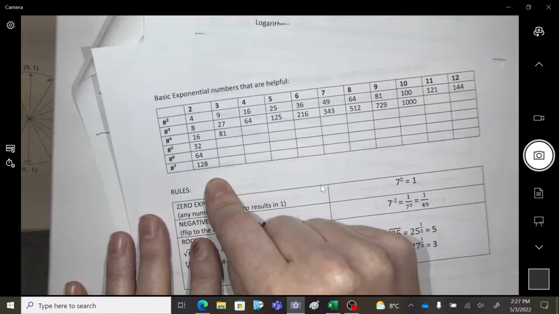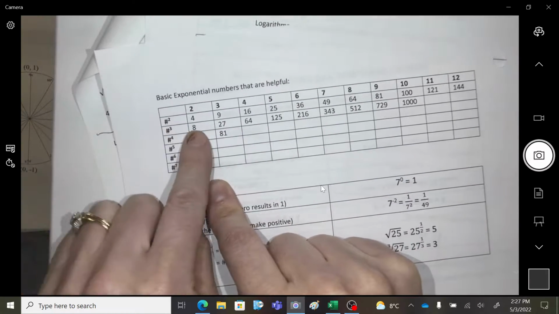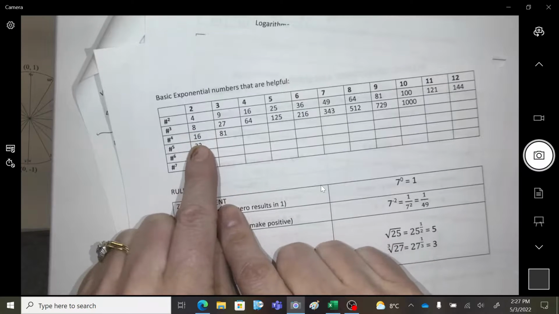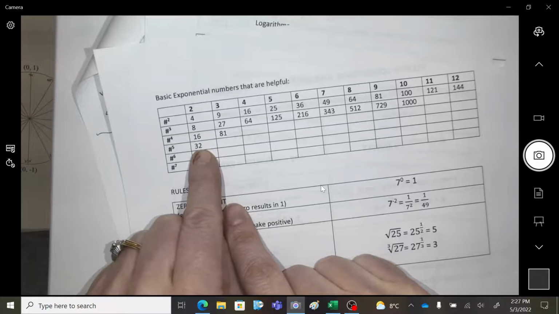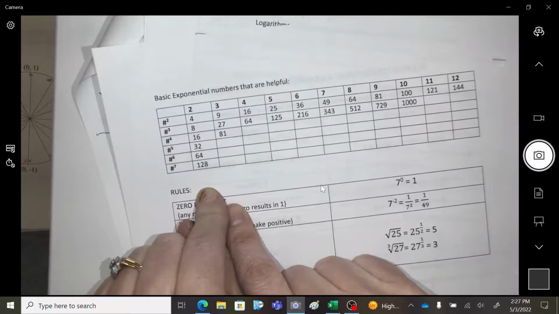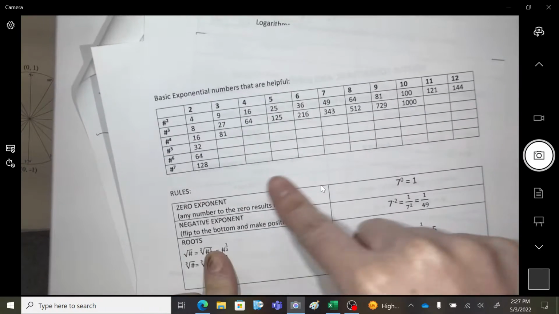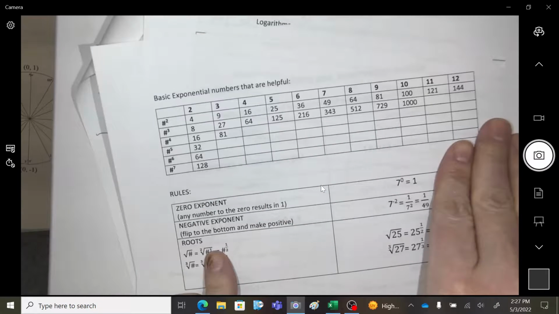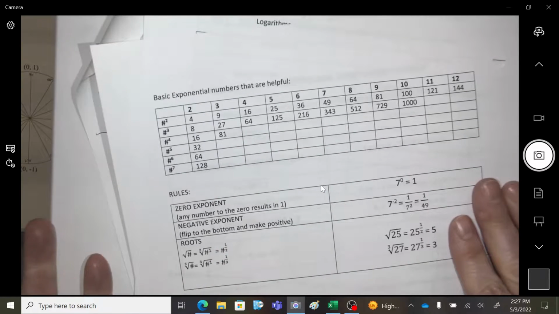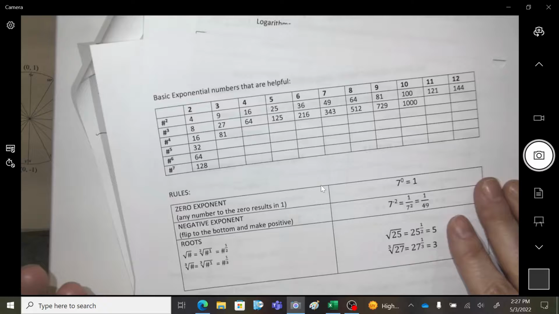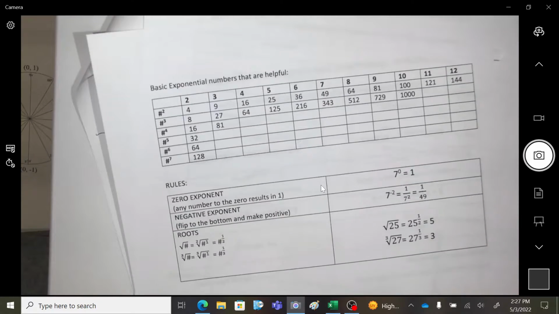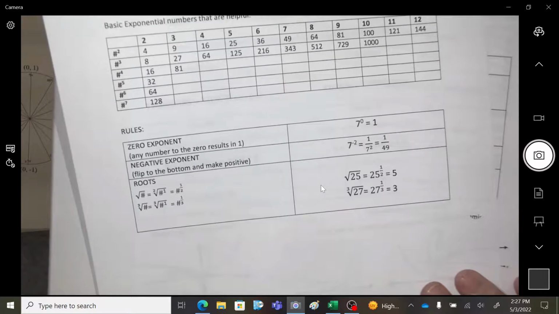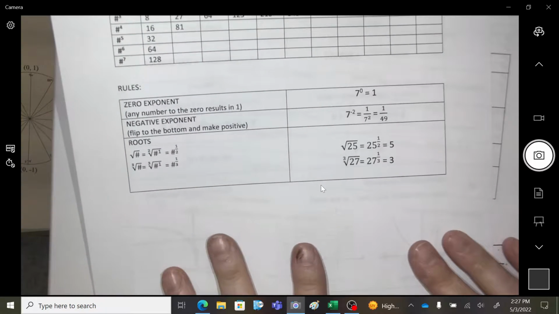You probably want to know all your 2's: 2 squared is 4, 2 cubed is 8, 2 to the 4th is 16, 2 to the 5th. I wrote down probably as much as I think you should know, so you don't have to go into your calculator to figure that out.